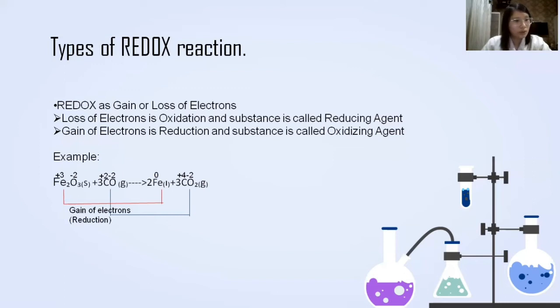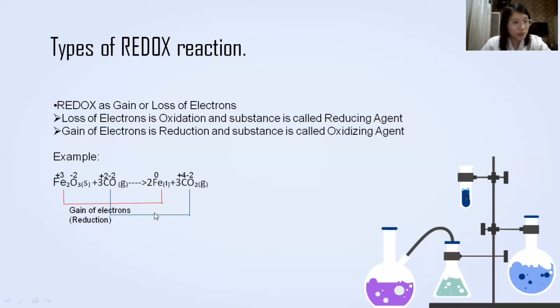The charge of iron in ferric oxide will be +3, which later will be 0. This means it gains electrons as it gets closer to negative. So this pair of the reaction will be reduction. The other pair of the reaction will be oxidation, because the charge of carbon in carbon monoxide is +2 and it becomes +4.